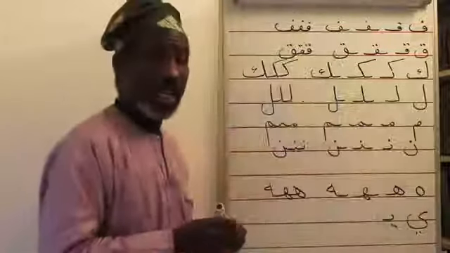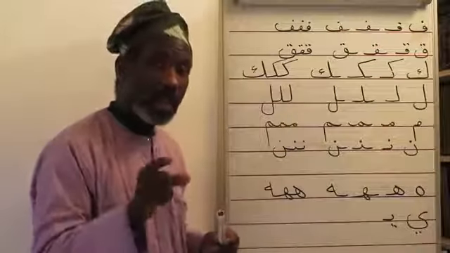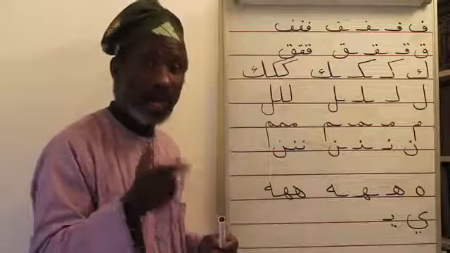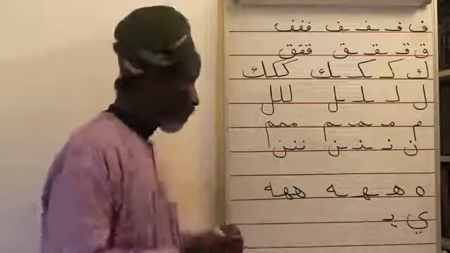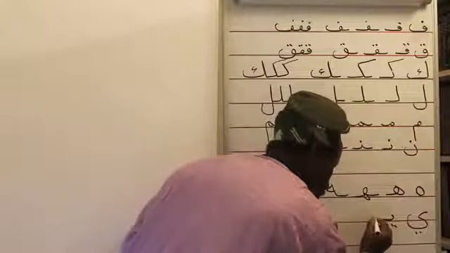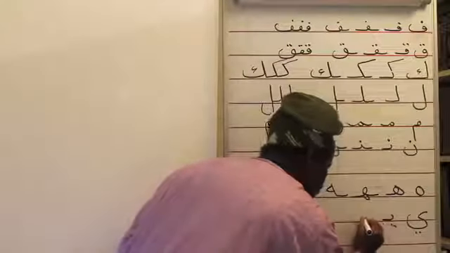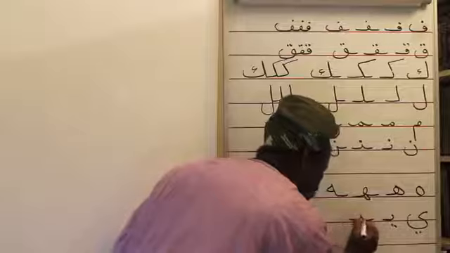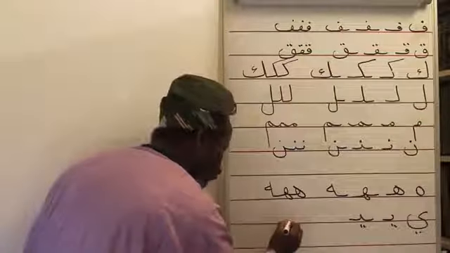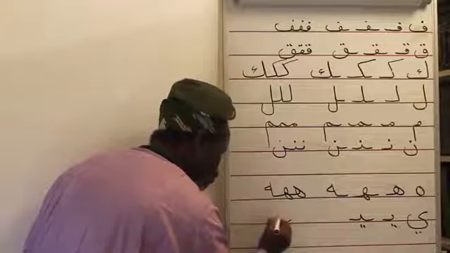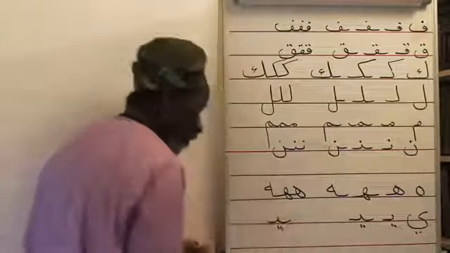So the ya at the beginning is the same shape as when you write your ba at the beginning, or ta, or tha, or noon. It's the same. The middle one is also the same. That's extension. The middle one, two dots. Remember, if you do that, you can put two dots below, that's ya.